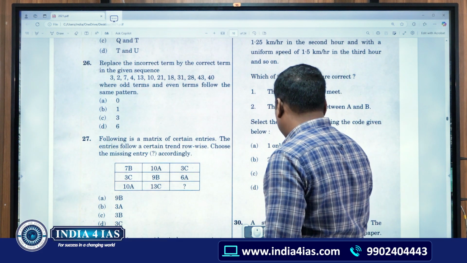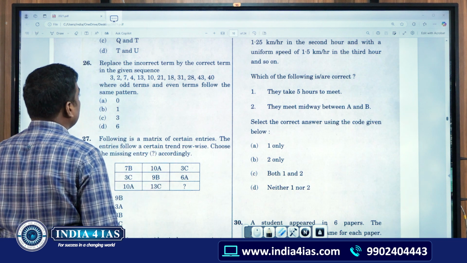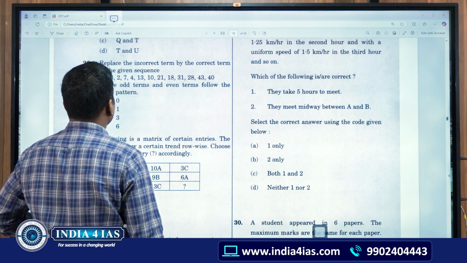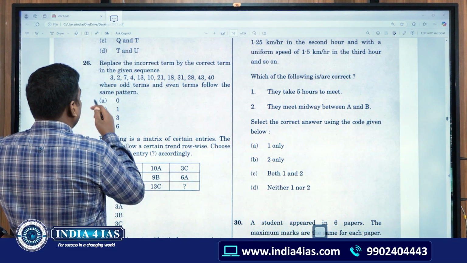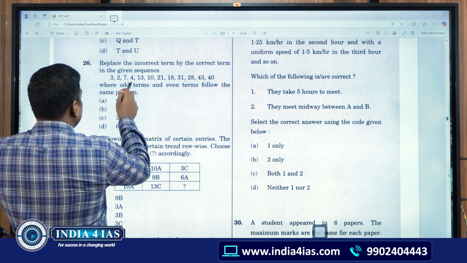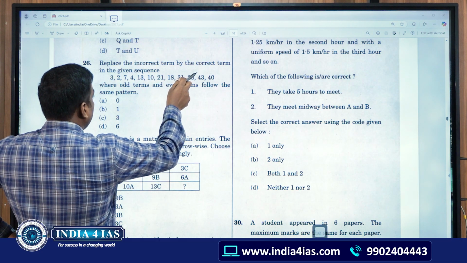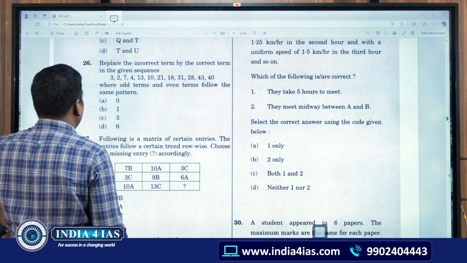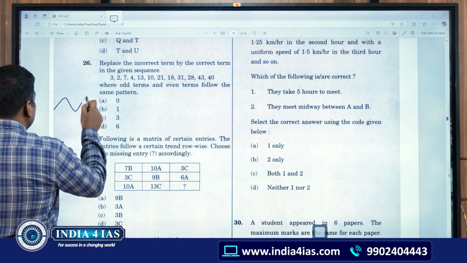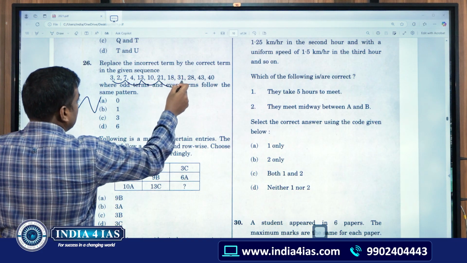Now they are asking, replace the incorrect term by the correct term in the given sequence. Okay. So here they are doing what? In this case, what I would prefer is to take the alternate numbers.